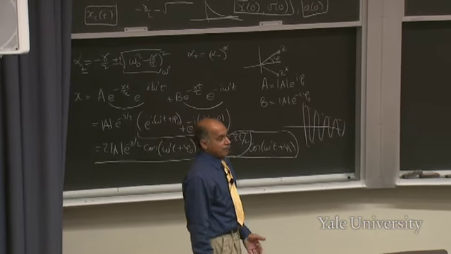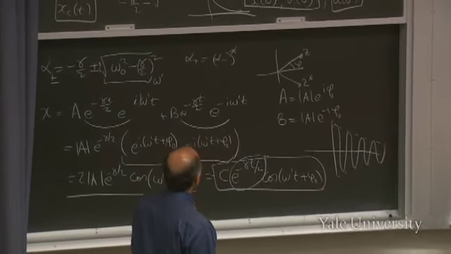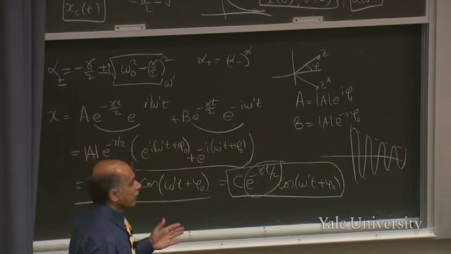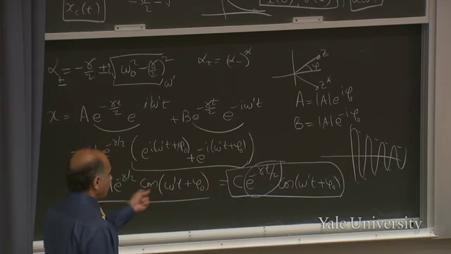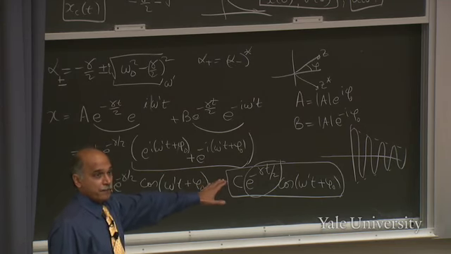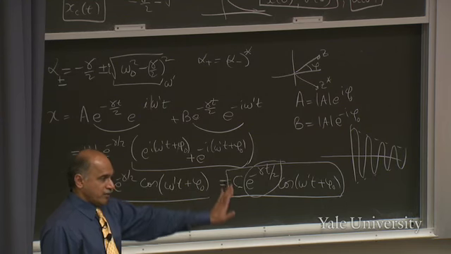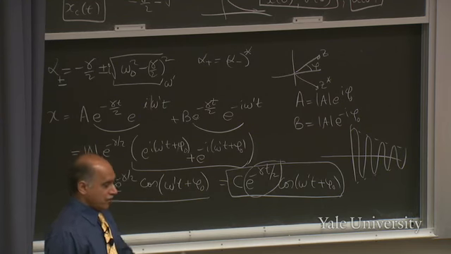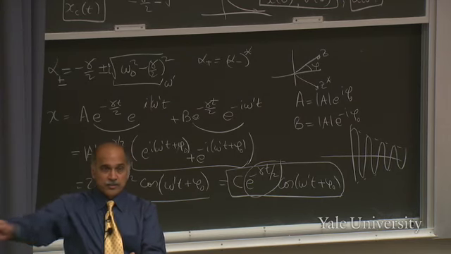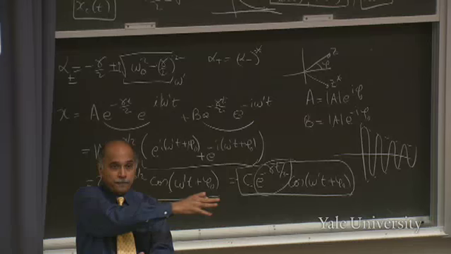But another extreme case, which you may not think about, is if you crank up the friction more till gamma over 2 is bigger than omega naught, then what happens is, if you pull the mass and let it go, it doesn't even go to the other side of x equal to 0. It just slowly gets to 0 in infinite amount of time. You understand? If you pull it from here, you let it go, no friction is this for eternity.